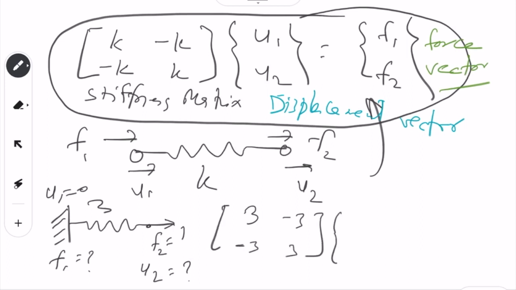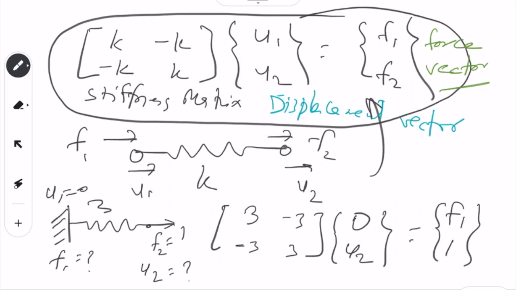Then we have U1 and U2, U1 is 0 and U2 we do not have. This is equal to the force, F1 which we do not know, and F2 is 1. And we have to solve it. How will we solve it?